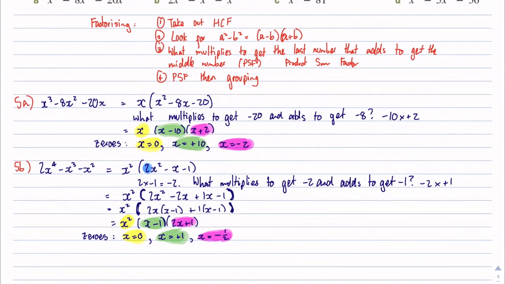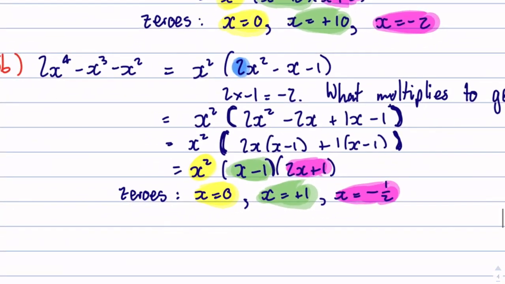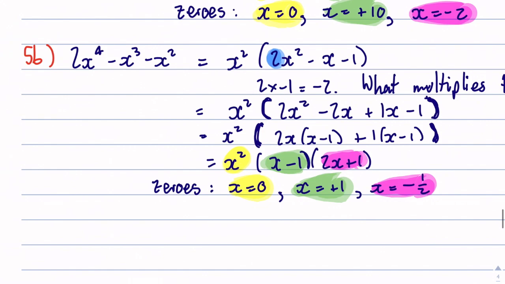x to the 4 take 81. This is extension, so there's no nice easy ones. We've got 5c, well you'll call this one a nice easy one. We've got x to the 4 take 81. Now my brain's screaming at me difference of two squares, but these aren't squares. Well, they actually are, because that's x squared squared take 9 squared.